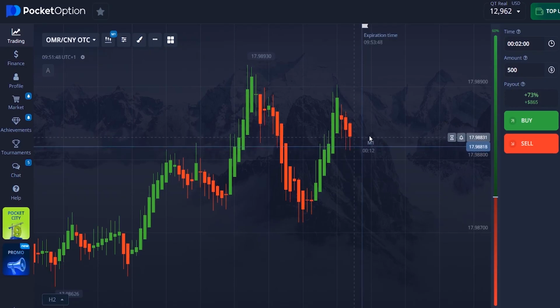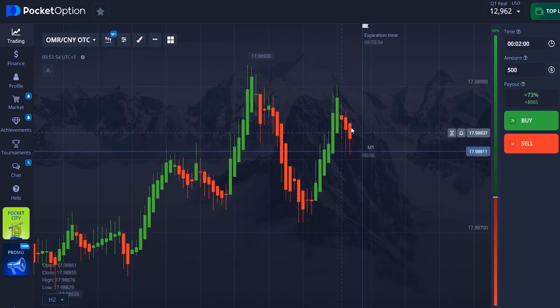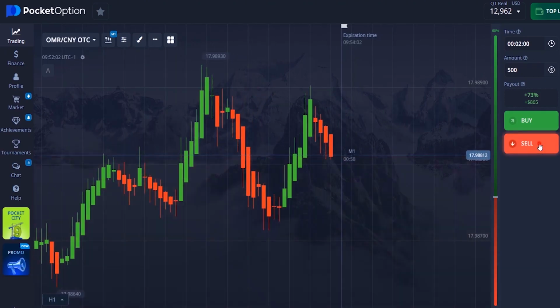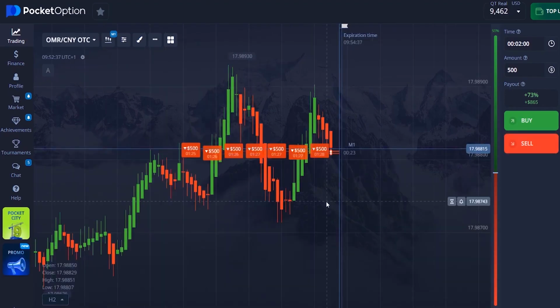I need a more strong and stable candlestick just like this to confirm my entry level. So I don't just go into the market because I'm seeing a reversal. I also have to make sure I'm getting a stronger candlestick. Right here I have 1 minute and 23 seconds to go.